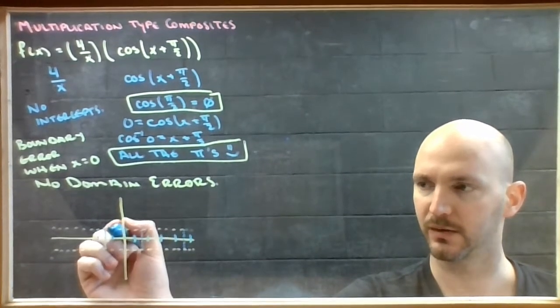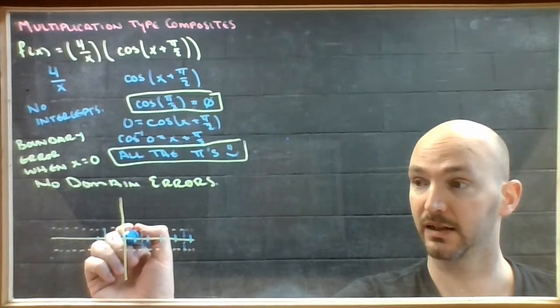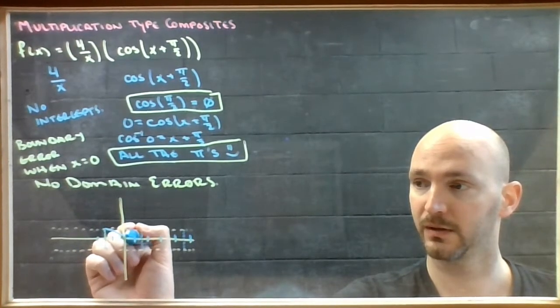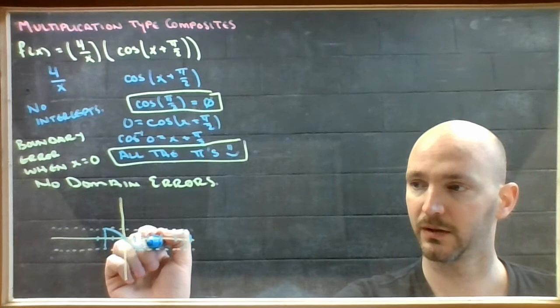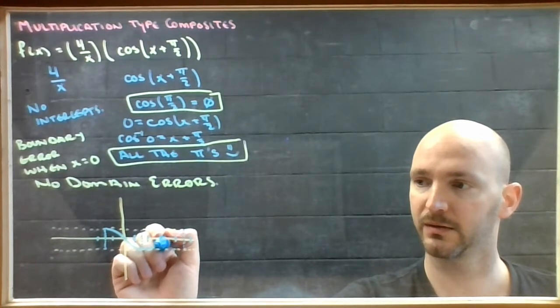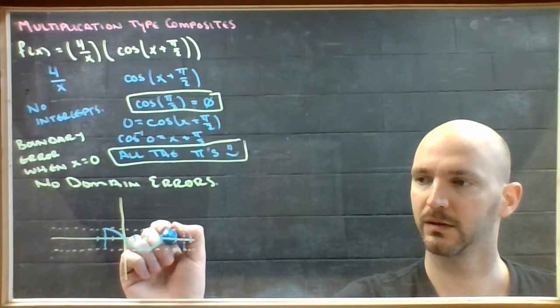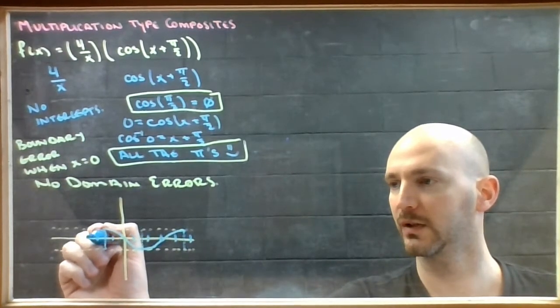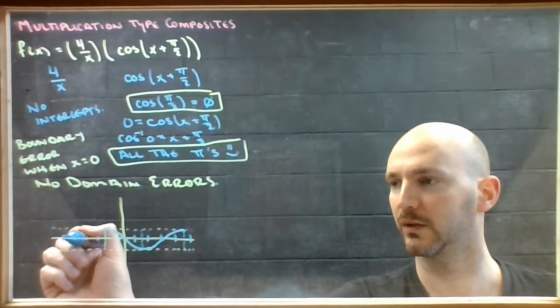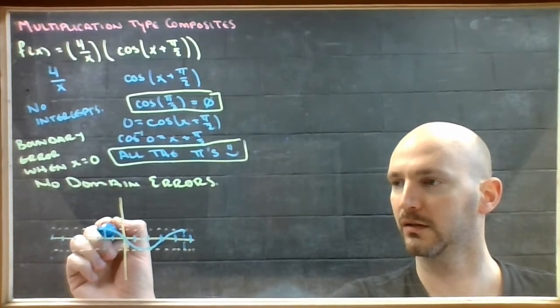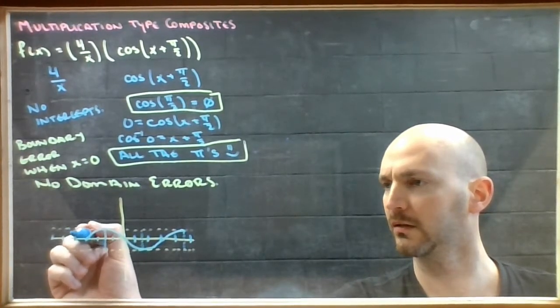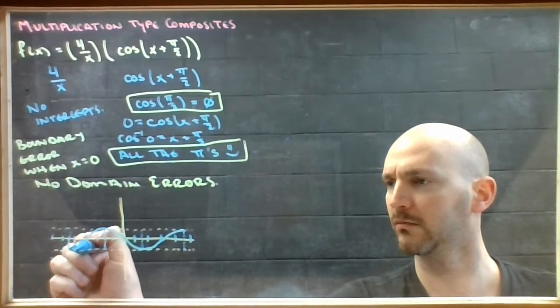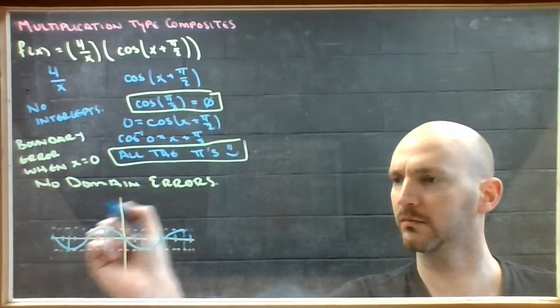So this cosine peaks, then hits 0, then troughs, then returns to 0, then peaks again. And then it repeats that over and over and over again.